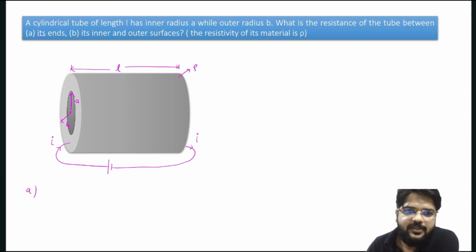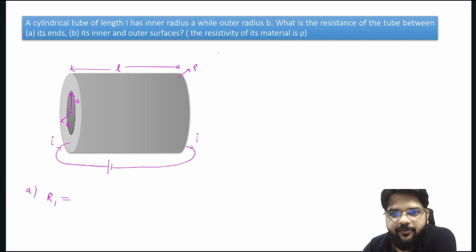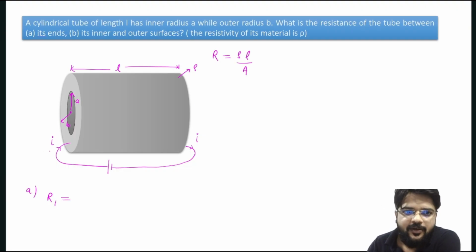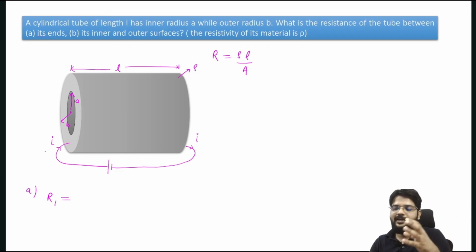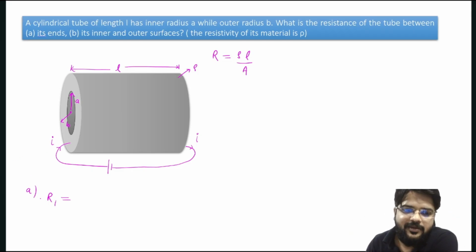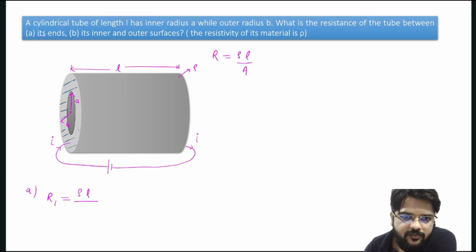We want the resistance, so R1 can be written with the simple formula we know: resistance is rho L by A. Current is entering from this side and exiting from this side. So the resistivity is rho and the length is L, and this is the cross section for the first part. What is the area of this cross section? It is pi times B square minus A square. So this is the answer for the first part.